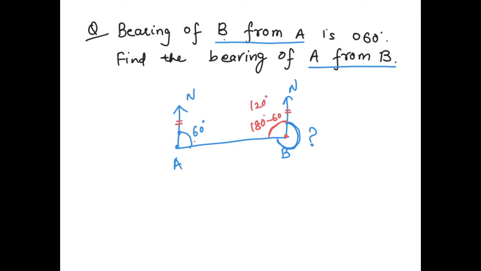And we need to get this angle now. So we know this is an angle on the point. This one is 120. So the rest will be 360 minus 120. That is 240. So the bearing of A from B is 240 degrees.